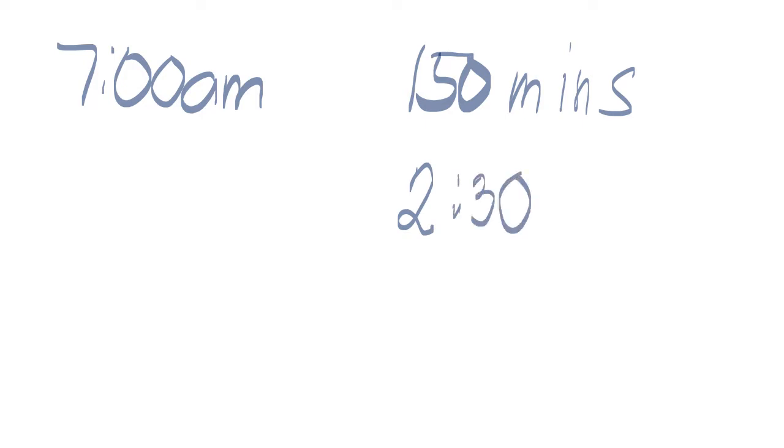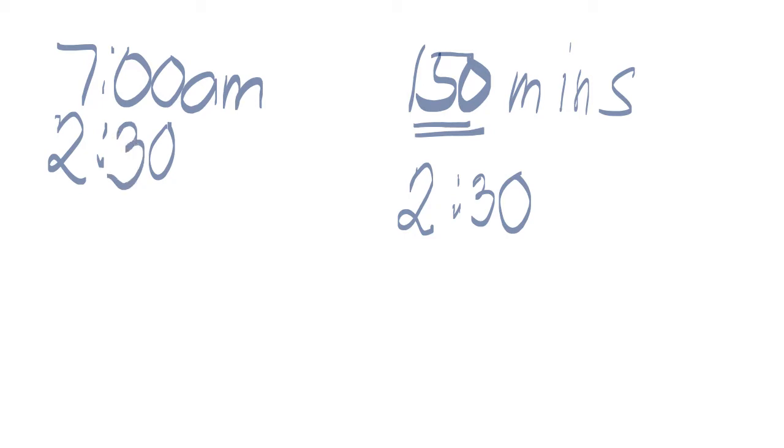Bakit daw po 2 hours and 30 minutes? Kasi 'di ba, in every 60 minutes mayroong isang oras. O 60, 2 oras. Plus 30, 150 minutes. Kaya itong 2 hours and 30 minutes na to, i-add natin dito sa orasan.